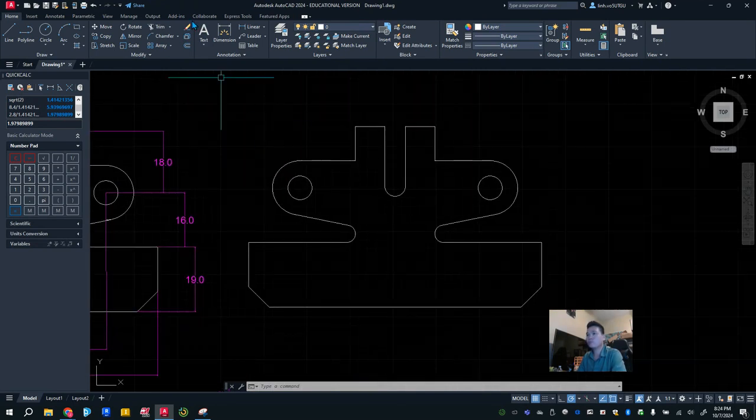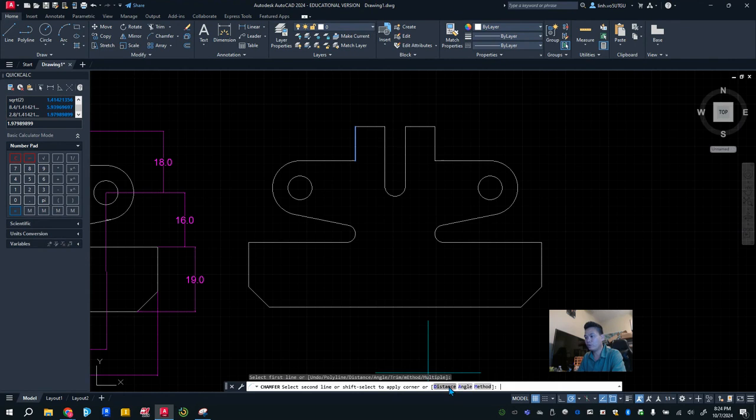Now I'm going to go to chamfer. My first line is this one, and then a distance of that. Let me do this again, I think I misclicked something. Let me undo a couple of times here.